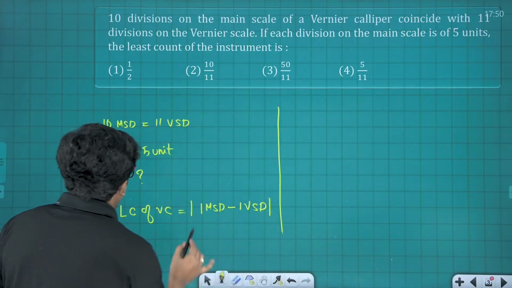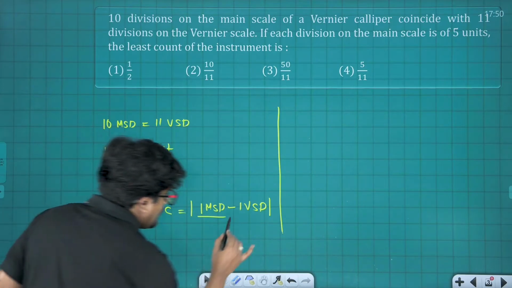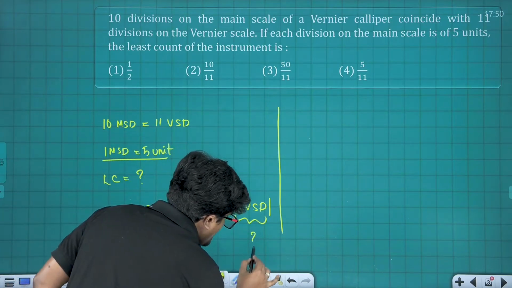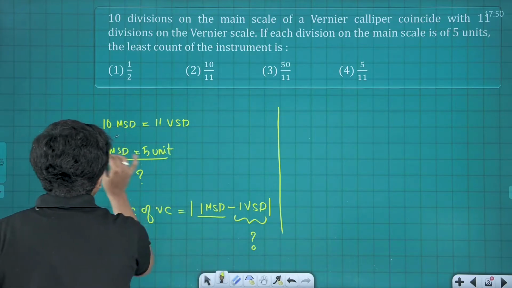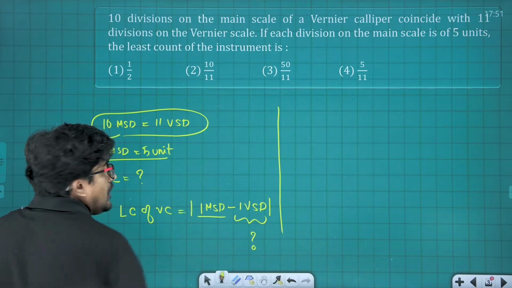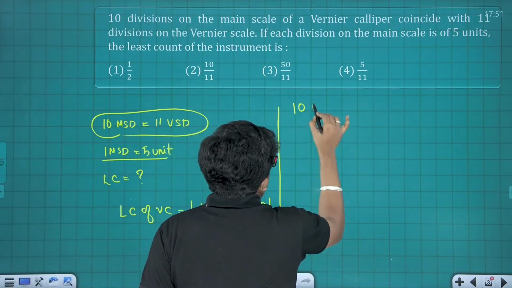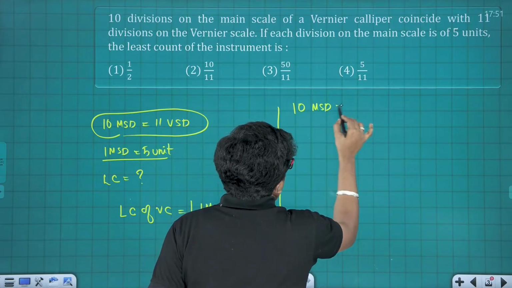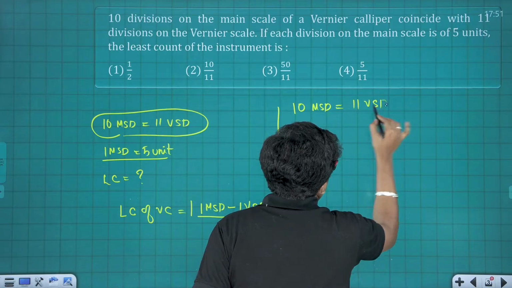Now we have got the information regarding 1 MSD, but we don't know about 1 VSD. So we must get the value for this first. For that I am going to use this relation, which says 10 main scale division is equal to 11 vernier scale division.